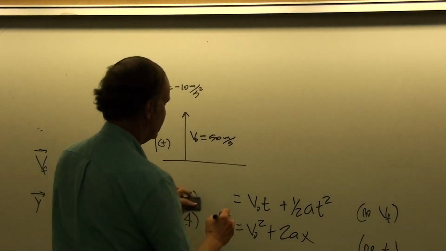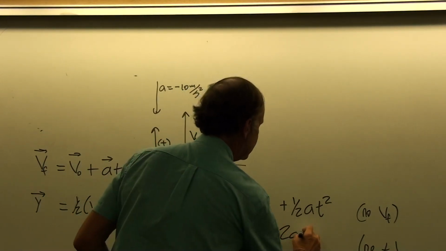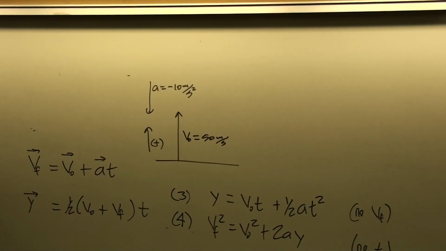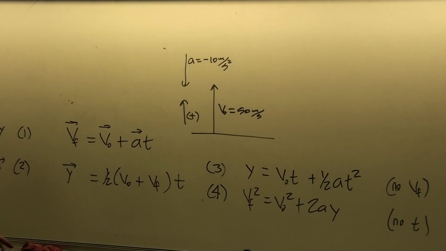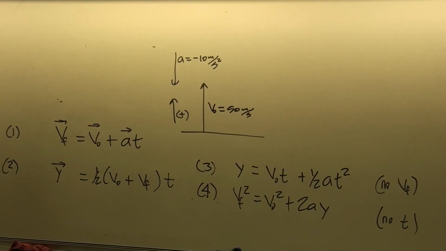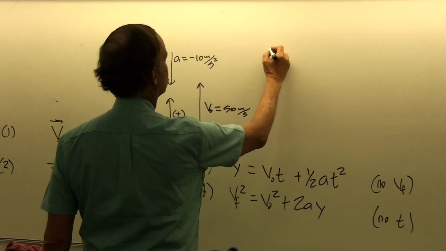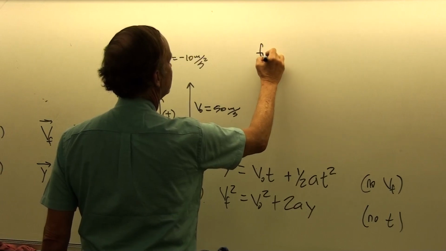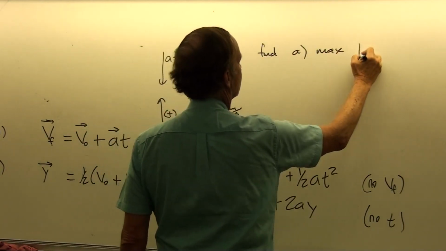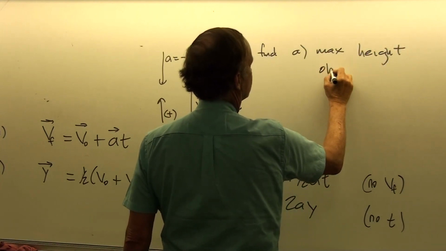I don't have to do that. I could just define vertical as x, but it's more conventional to call it y. Okay, so now this also works for our vertical equations as well. So in this problem, with an initial velocity of 50, let's find A, the maximum height the object reaches.